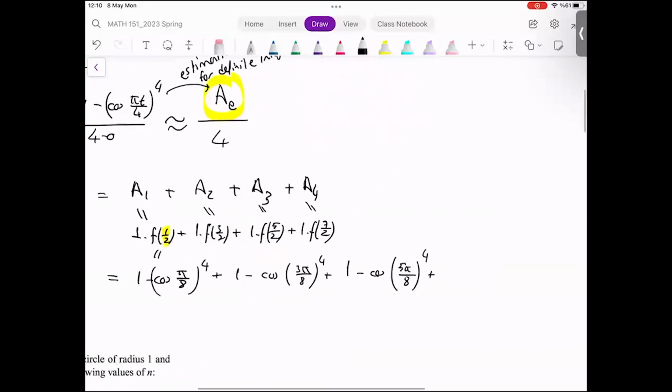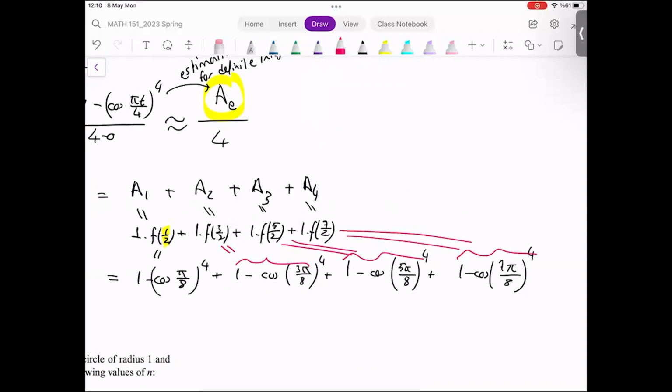And this is for the last one: cosine 7 pi over 8 to the power 4. And this is the value of f evaluated at 5 over 2, and the last one is the image of f evaluated at 7 over 2.